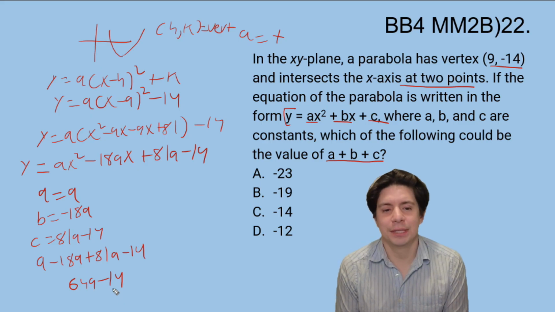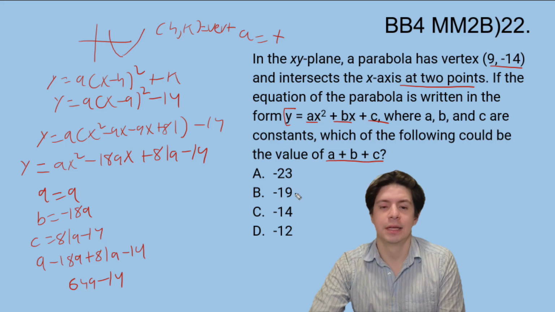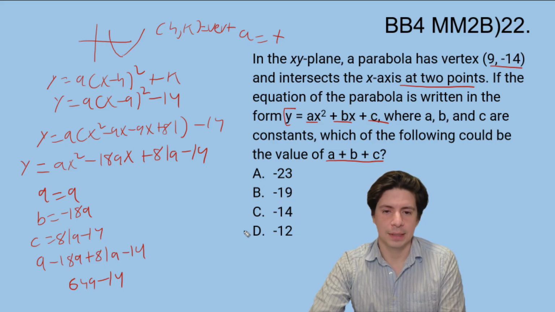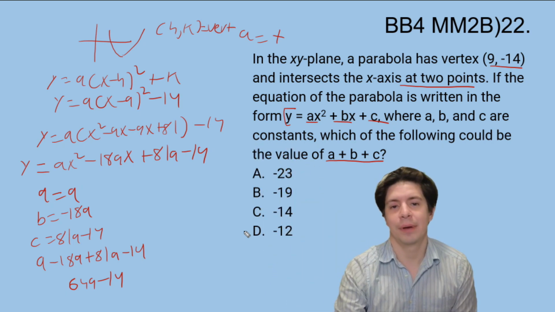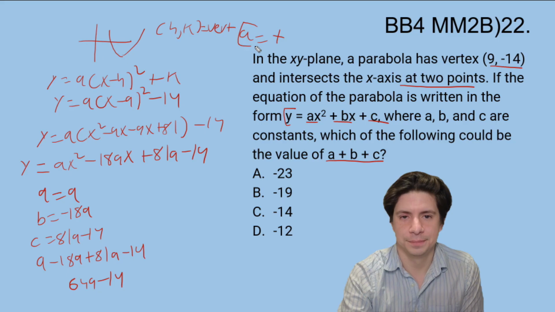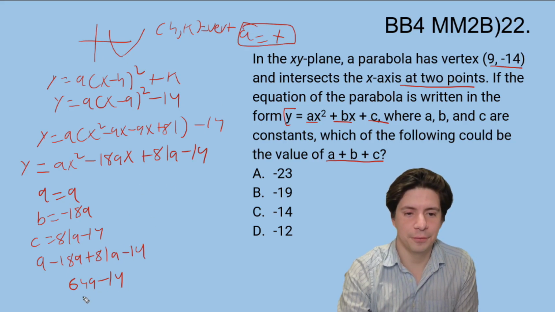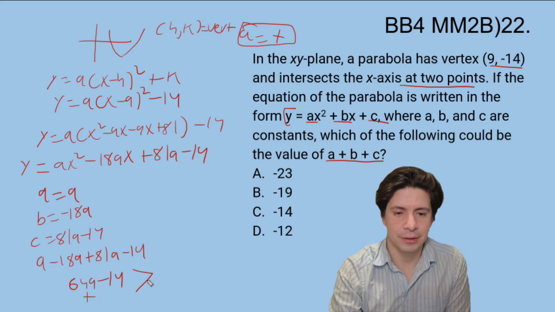But how is this going to help us? Let's look at our answer choices. We have negative 23, negative 19, negative 14, and negative 12. So the magic, the beauty, the power is that we know a is positive. So whatever this is, we know 64a has to be positive. So this has to be greater than what?